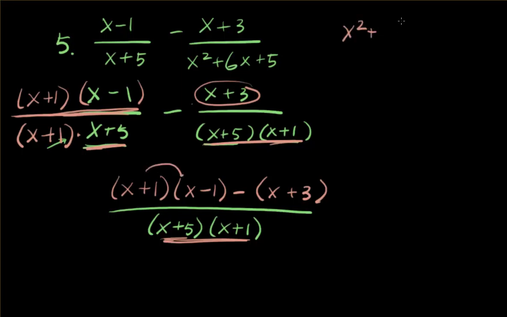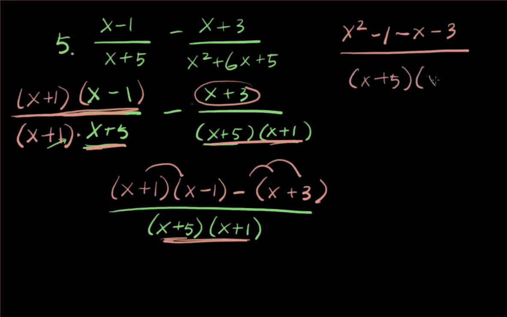I FOIL pretty quickly, so I know that plus 1 and minus 1 is 0, so we have minus 1. I'm going to go ahead and distribute this negative x minus 3 over x plus 5 and x plus 1.